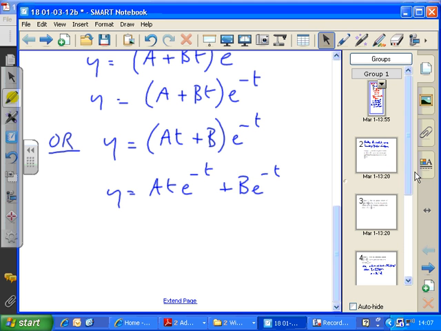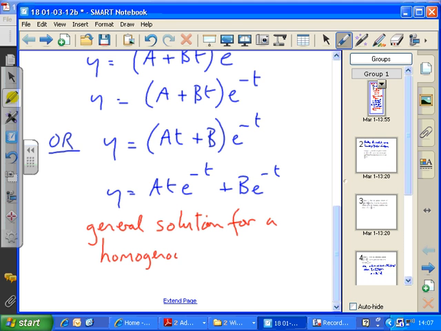Okay, so have a go at the rest of those questions in there and just check you're happy with that. That's finding the general solution for a homogeneous ordinary differential equation.